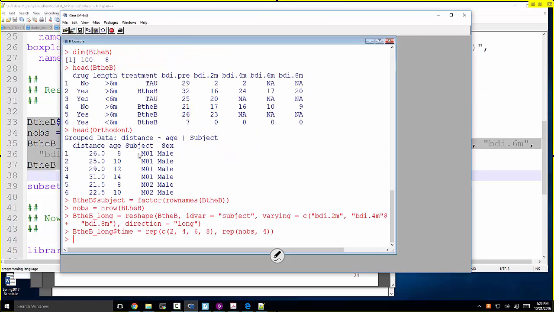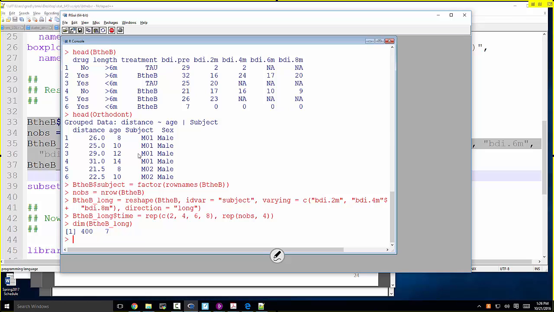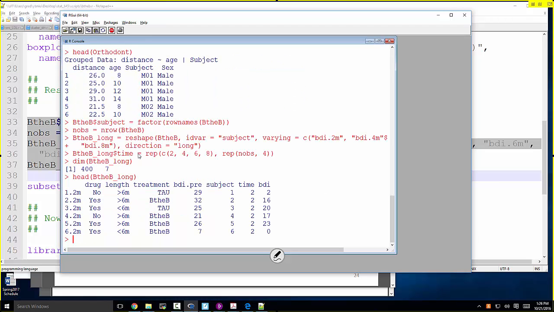Now we have beat the blues long, 400 by 7. And it looks like this now. Subject 1 at the first time point. Subject 2 at the first time point, and so on.